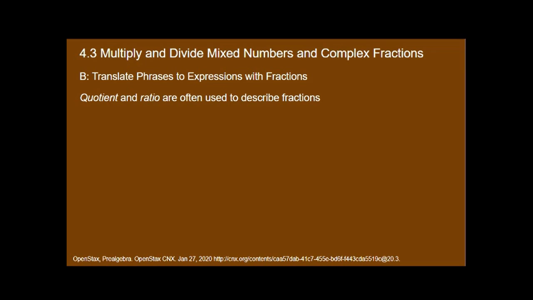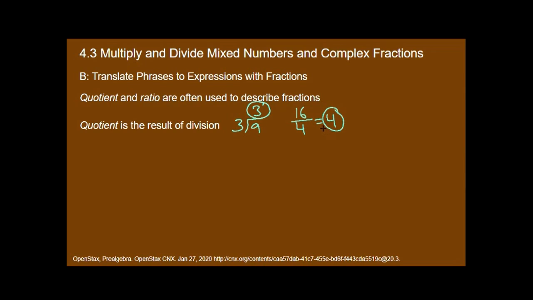Quotient and ratio are often used to describe fractions. So let's talk about each of those. Remember that quotient refers to the result of division. So any answer that you get from a division problem is a quotient, whether it's written as 3 divided into 9, this 3 would be the quotient, or whether it's written as 16 divided by 4, this 4 would be the quotient.